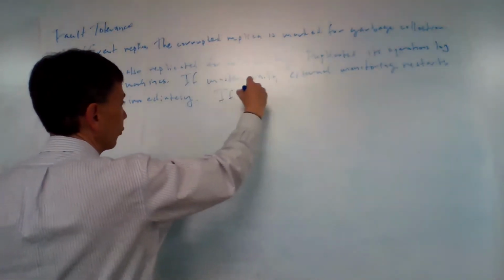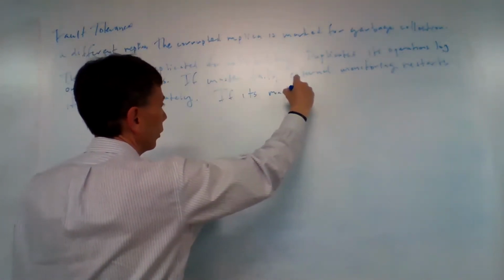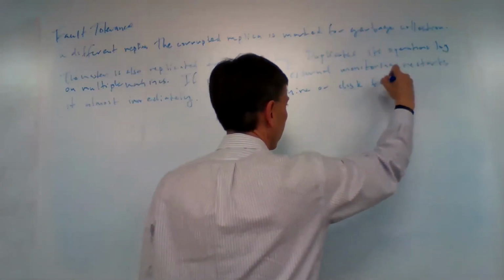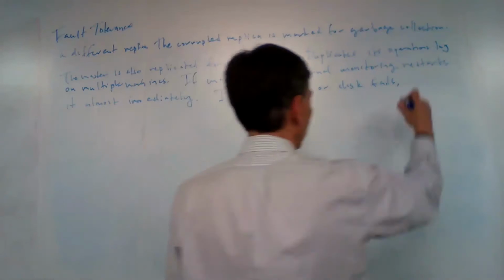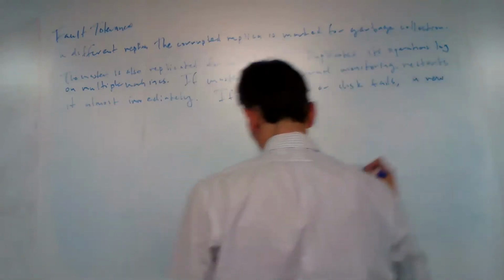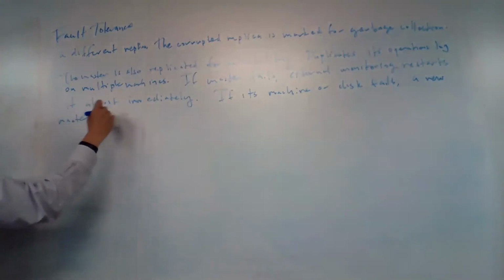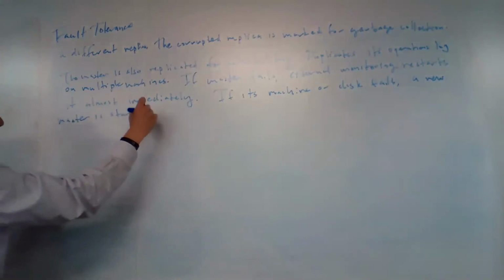So if its machine or disk fails, a new master is started on a separate machine.